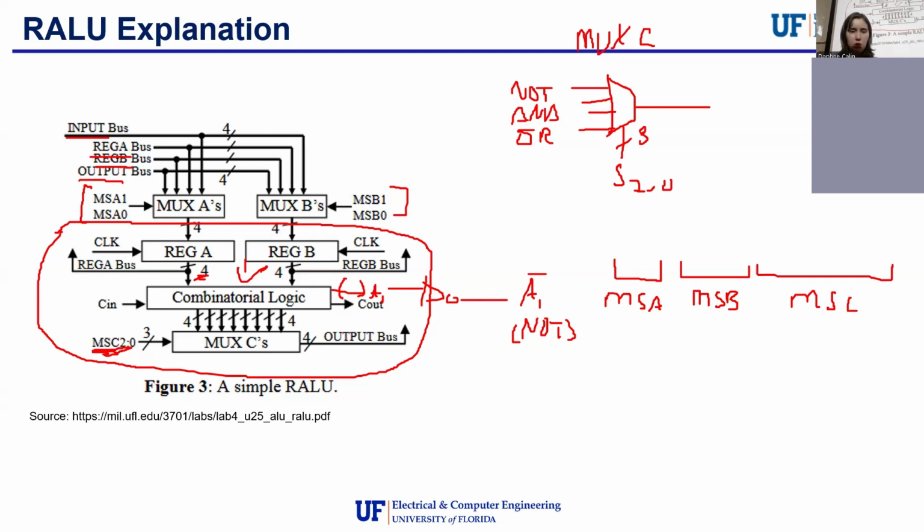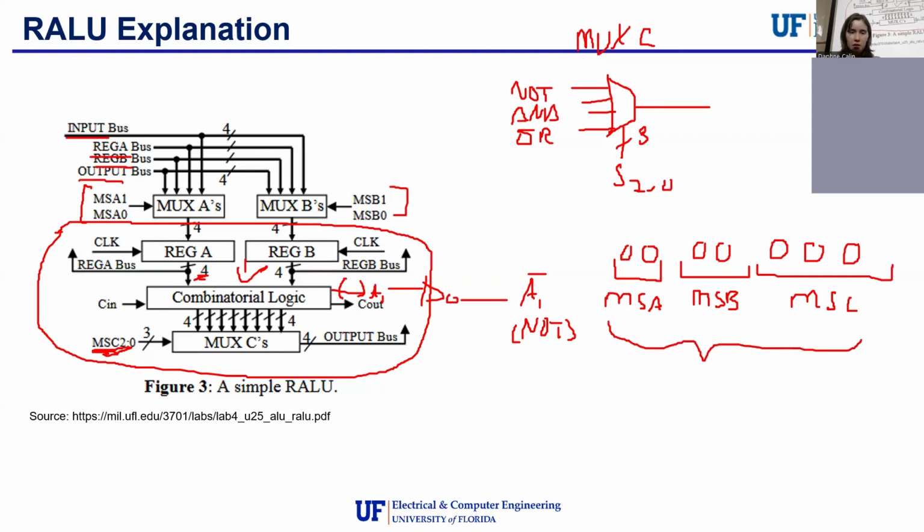I'm not putting in meaningful values here, but just so you can see, two of these bits represent which bus is going to register A. Two of them represent what's going into register B. And three of them represent the operation being performed on register A or register B. The combinatorial logic might be what's determining which one of these registers is having the operation performed on it.